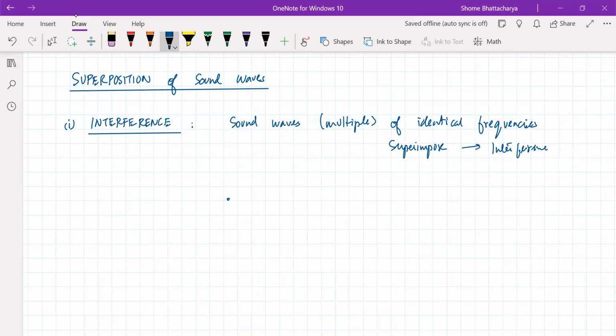So for example, we can have one sound source S1, which is creating a sound of frequency F, and another source S2, which is creating a sound of frequency F. And there is a detector somewhere here. So the waves reaching from this source are traveling, let's say, a distance x1.